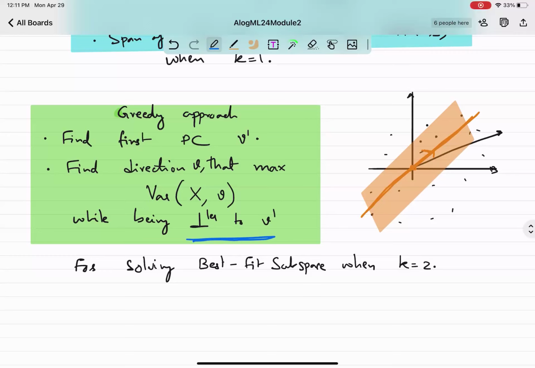But when you're looking to quantify it as the variance along the direction v, it has to be perpendicular. Because if I don't put perpendicularity, maybe you'll find something which is 90% correlated with v1 and will still maximize this and is spanning two things still. It might not be the best one.